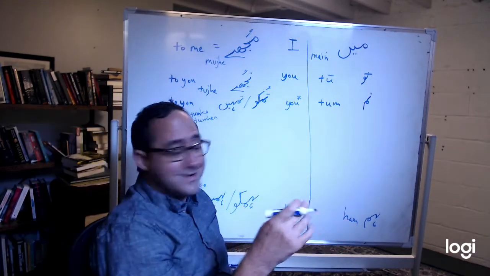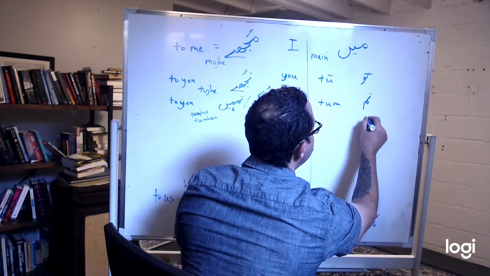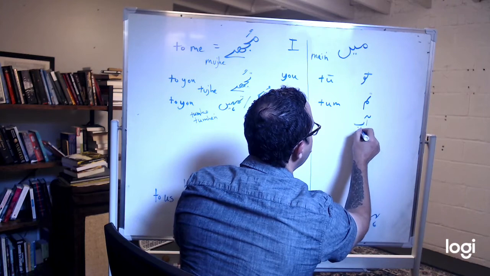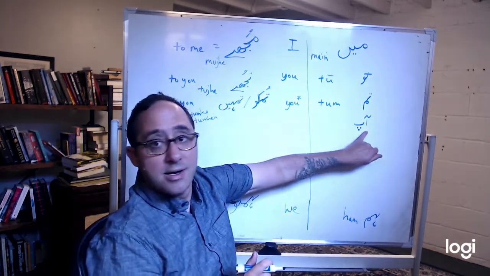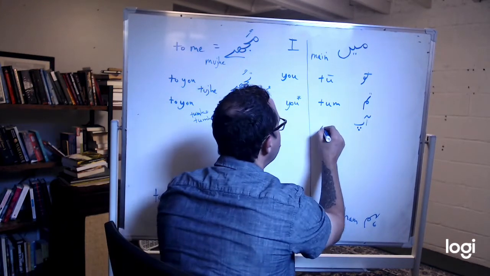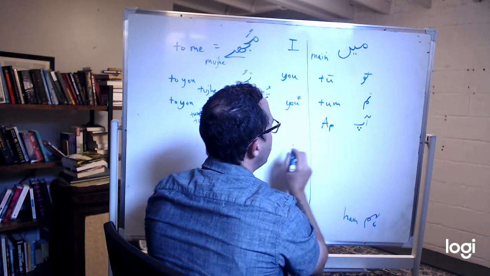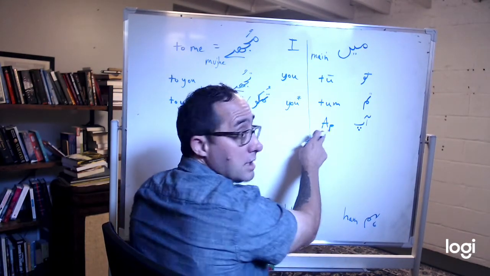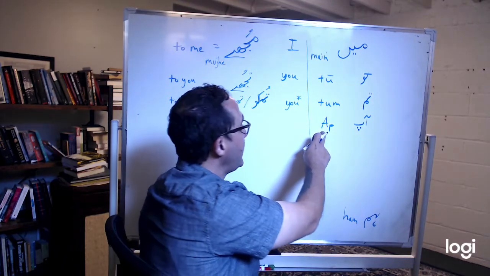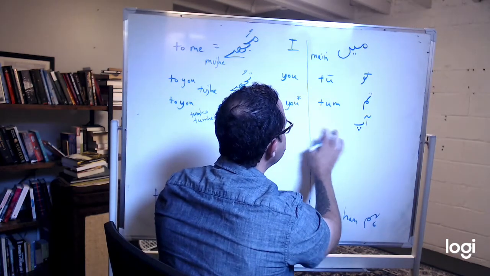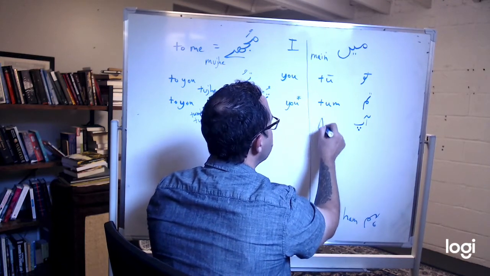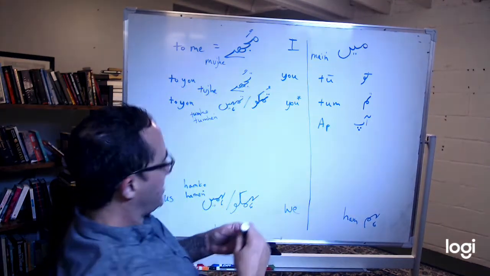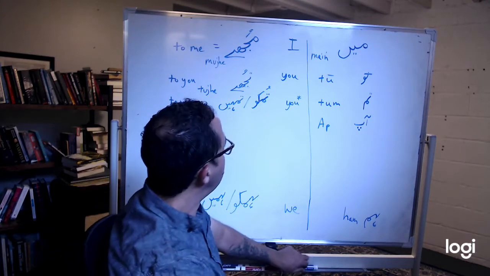There's a third one: aap. That's our long A, the capital A. Some people write it like this, showing a long A by two A's, but we're going to do it this way. I'm going to grab a different marker.